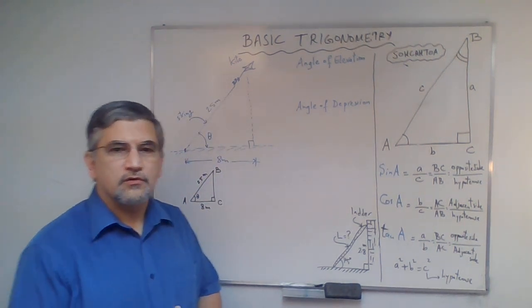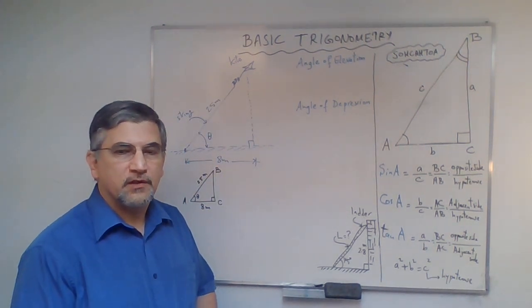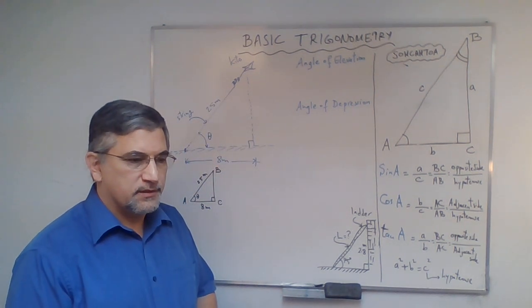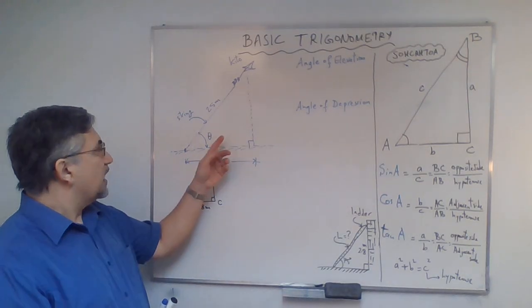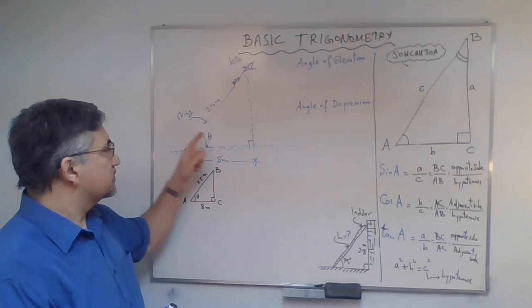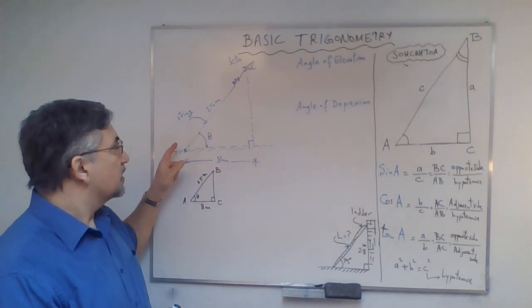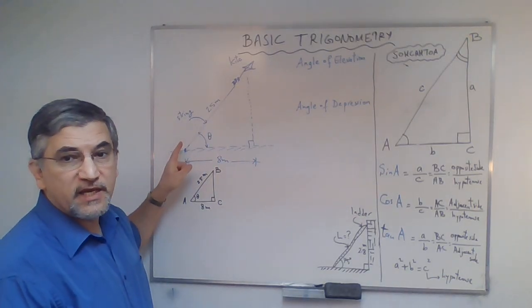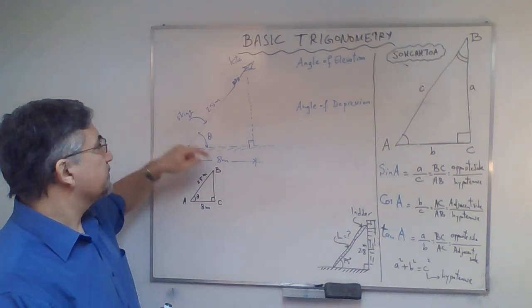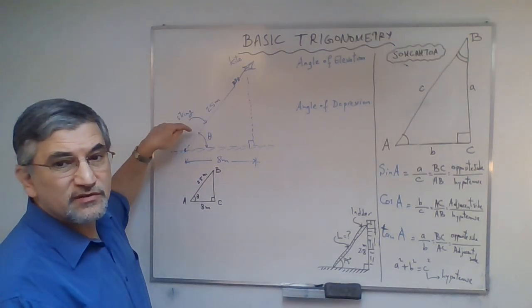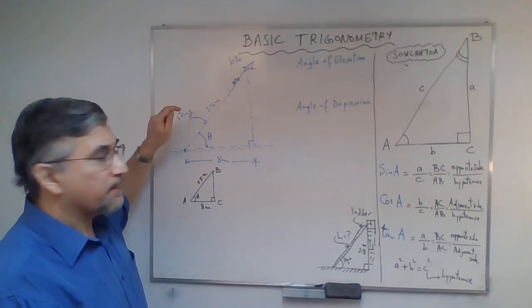Okay, I want to give you a couple of examples of how to apply basic trigonometric ratios. We have a situation here. There's a person standing with a string in his hand, flying a kite. The kite is up in the air, and the string length is 25 meters.